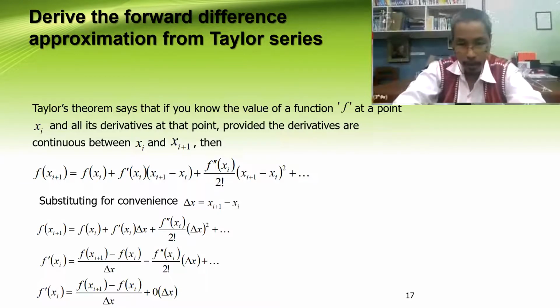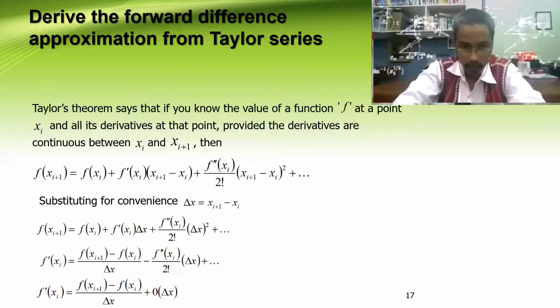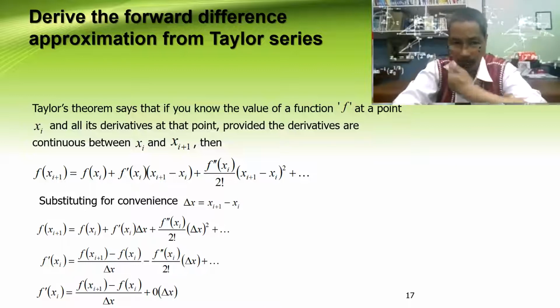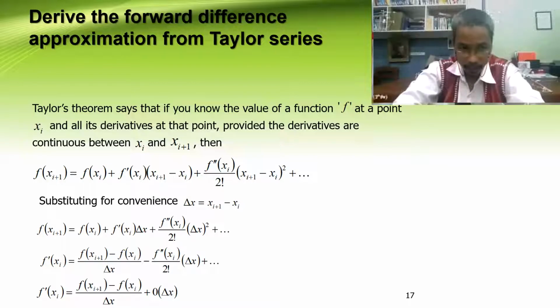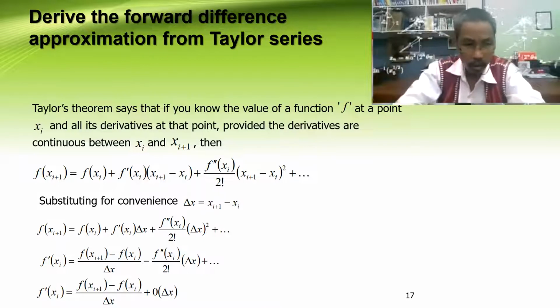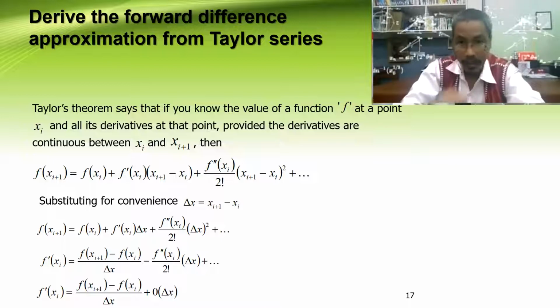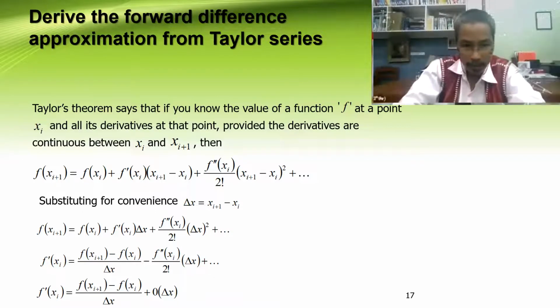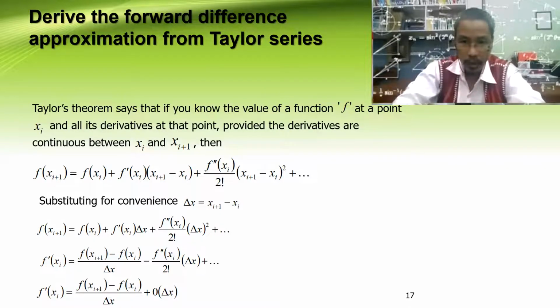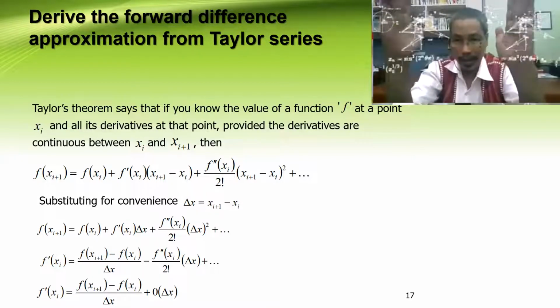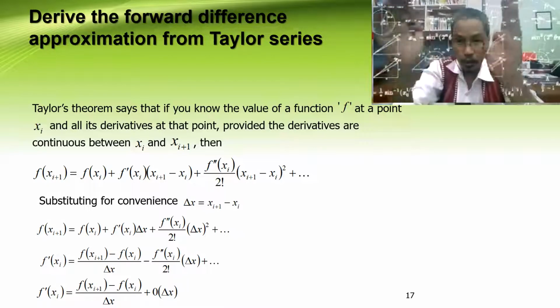So let us recall Taylor's theorem, which says that if you know the value of the function f at any x_i, and all its derivatives at that point, meaning first derivative, second derivative, third derivative, and so on, the derivatives should exist at that point, provided they are continuous between x_i and x_(i+1). So x_i and x_(i+1) are the extremities of our domain.